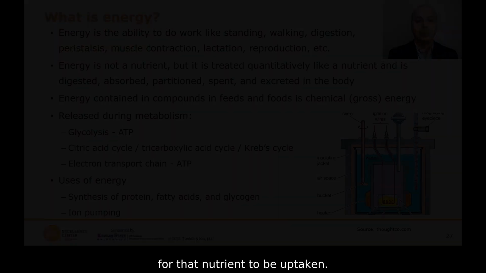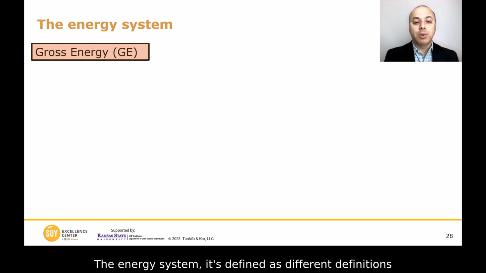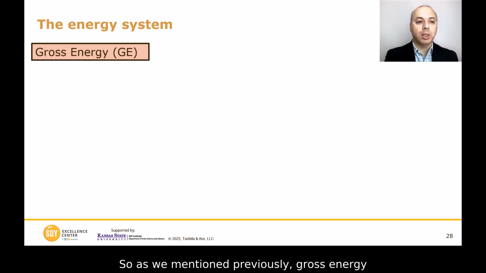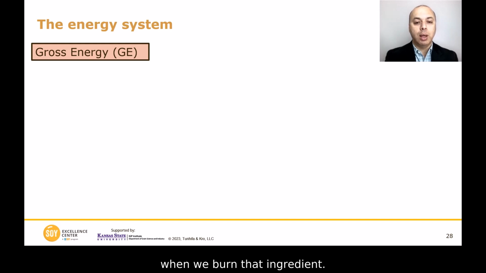The energy system is defined as different definitions of the partitioning of the energy. As we mentioned previously, gross energy of a particular ingredient is what we can measure in a calorimetric bomb when we burn that ingredient.